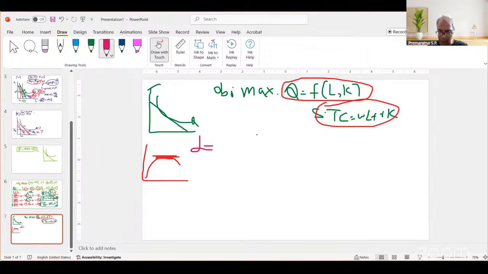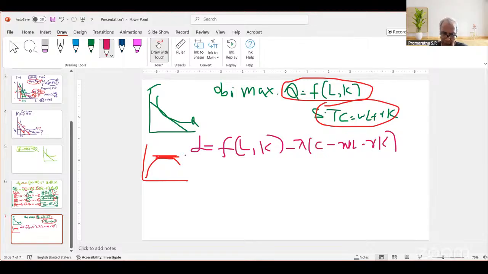First write the objective function, then merge the constraint, W L minus K. Now this is what we call the Lagrangian equation. There you get 2 marks. In this problem, for the objective function and constraint you also get 2 marks, right?